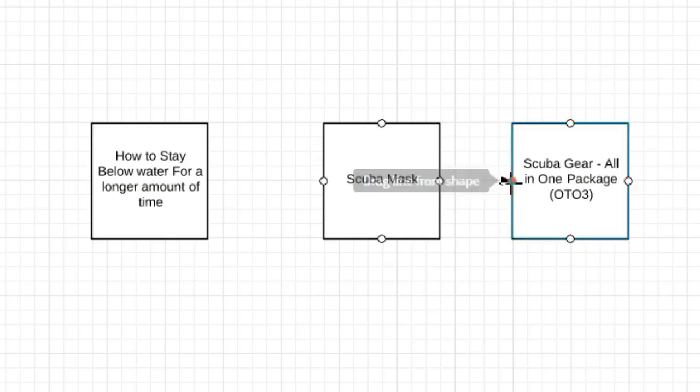So let's go here and, for simplicity, let's do OTO2 since it's a product. We'll do this as OTO1 and then maybe a front end offer.